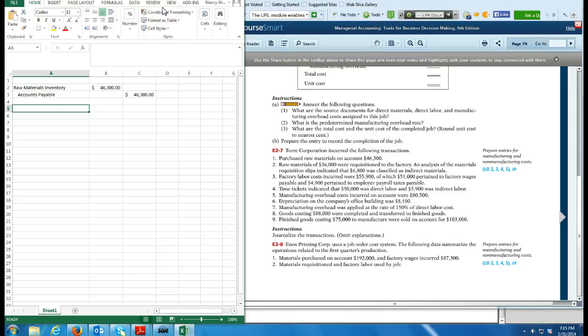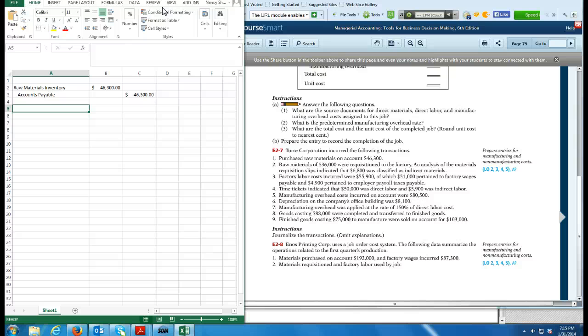Know that when raw materials go into either direct materials, raw materials inventory can also go into indirect materials. So when jobs are being worked on, the raw materials account would be credited, and the debit to work in process can take the form of direct materials or indirect materials.